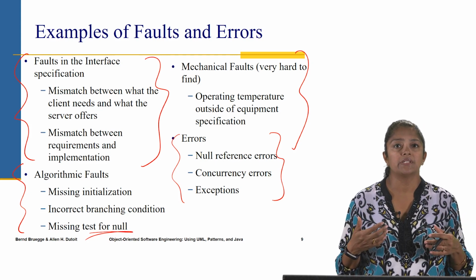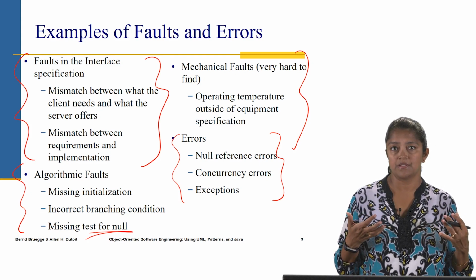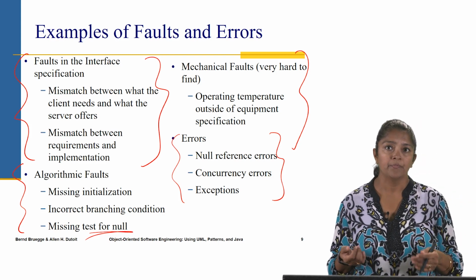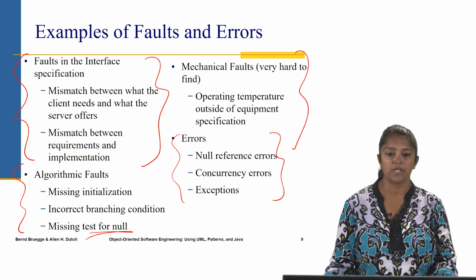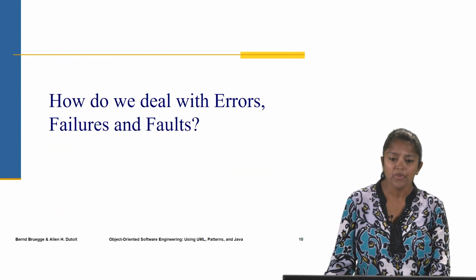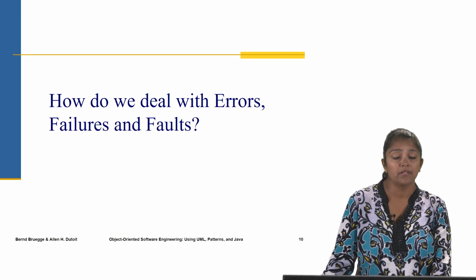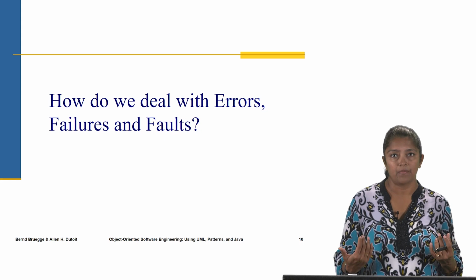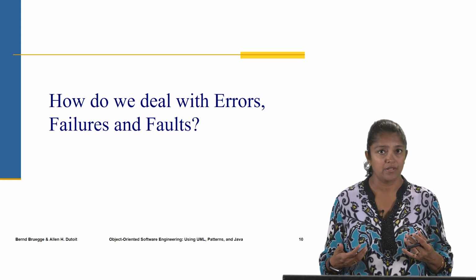So all of those are examples of errors or error states, and continuing processing from that point on could lead to a failure. So that was to give you a sense of some examples of faults and errors. Now that we understand the terminology of errors, failures, and faults, how do we deal with them? And that's what we're really concerned about.